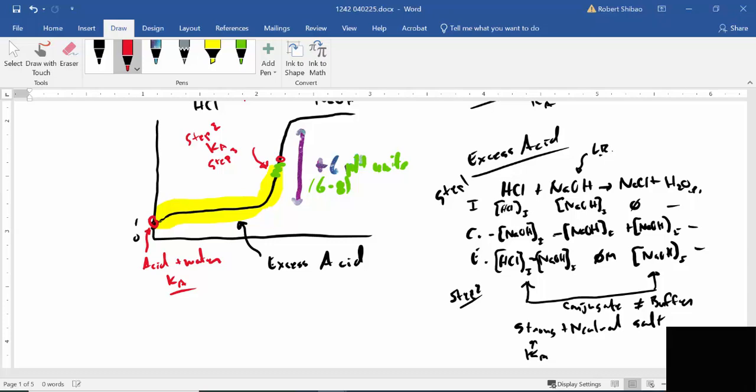Is a pH of 8 reasonable for an acid? No, and that means most of the hydronium comes from water. And so we have to do a step 3 here, Kw. Whereas down in this yellow region here, we don't have to worry about Kw. It's just when we get close to what's called the equivalence point.